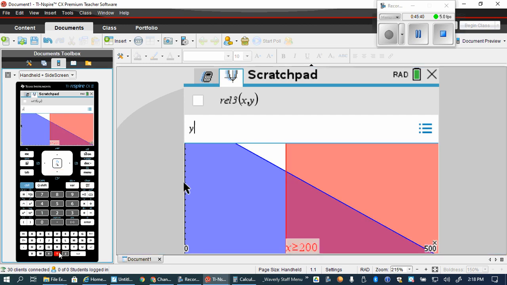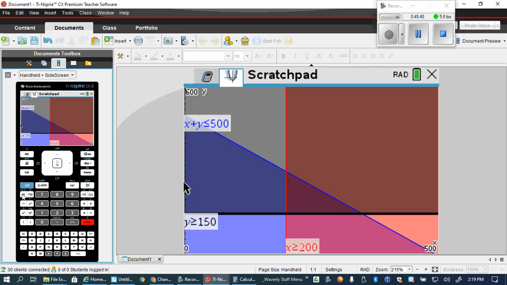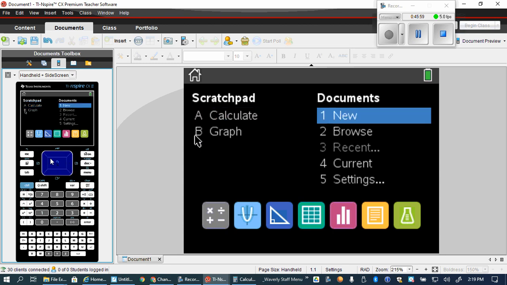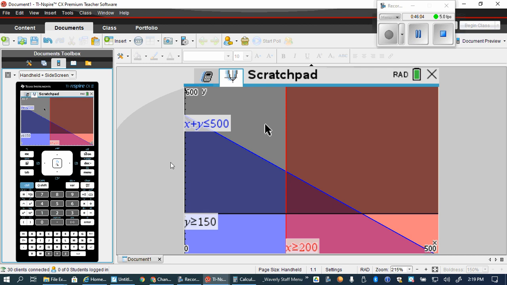And y greater than or equal to 150. Let me get this stuff out of the way. Delete, I want it out of there. You can leave it there if it doesn't bother you.